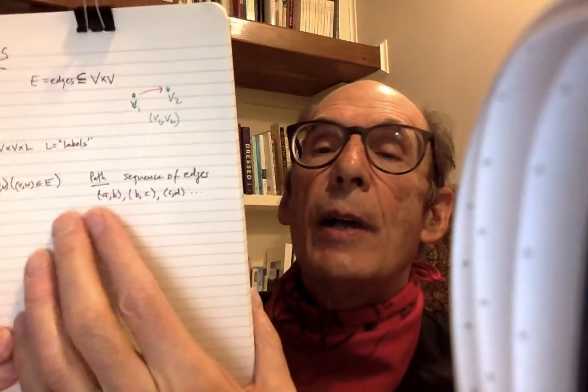vertex to this vertex. So a path is a sequence of edges that match up in the following sense, that the first one might go from A to B, and then the second one has to go from B to someplace else. That's what makes it a path. First one goes from A to B, second one has to go from B to someplace. And then once you're at some C, then the next one has to go from C. So that's just the common concept of a path.